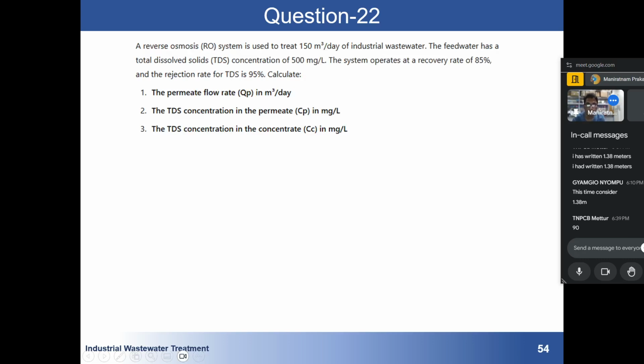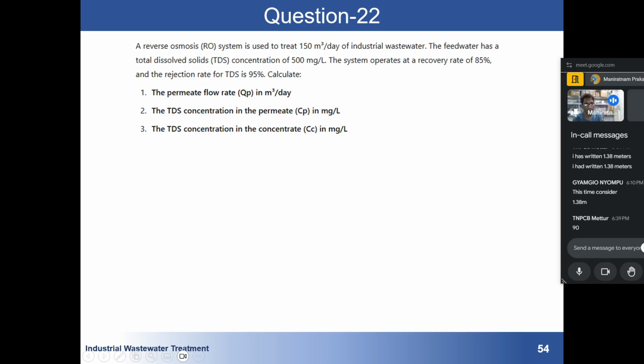Again, one easy, very simple question, take 1 minute of time. I won't be giving more than 1 minute. A reverse osmosis is used to treat this much water. The feed water has a total TDS concentration. The system operates at a recovery rate of 85%. See, this question is the reverse of what I have discussed.